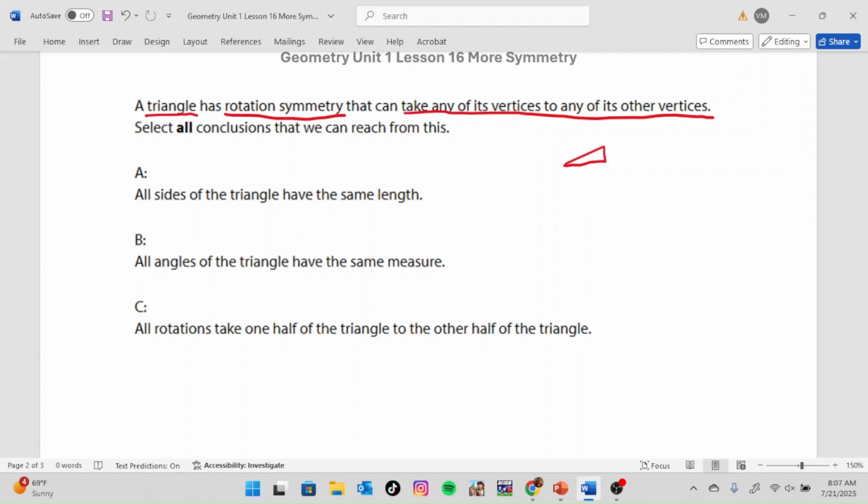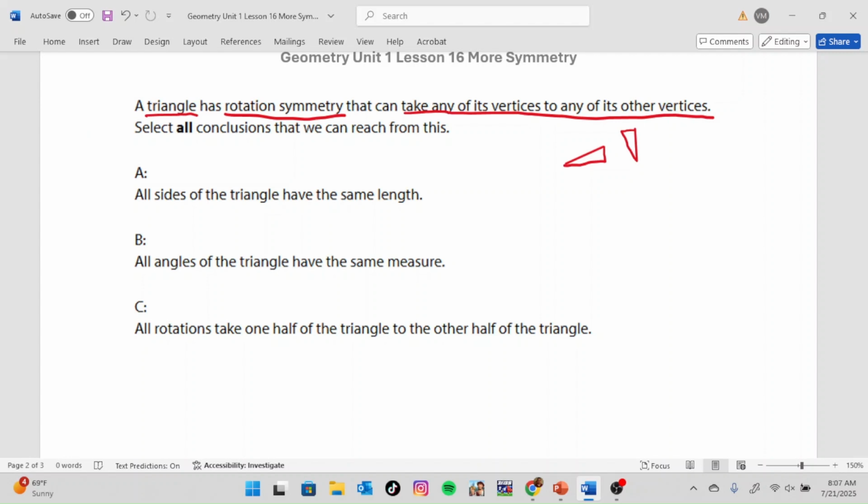So if I tried to rotate this, I'm not going to end up with every corner ending up exactly where another corner was.